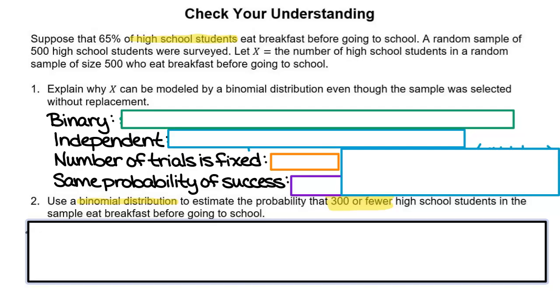Okay, so in this case, it says of high school students. So our population then would be all high school students. Got about 1 more minute and then we're going to go over this.